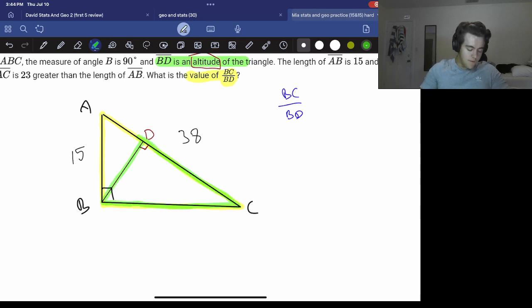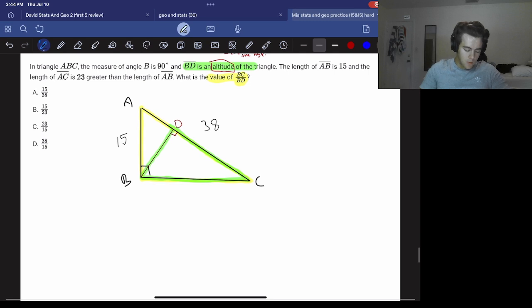If we can find a relationship between these two triangles, let's say they're similar, then their sides would be proportional, and we can set BC over BD equal to another proportion of the large triangle. So we first need to establish if there's any relationship between these two triangles.